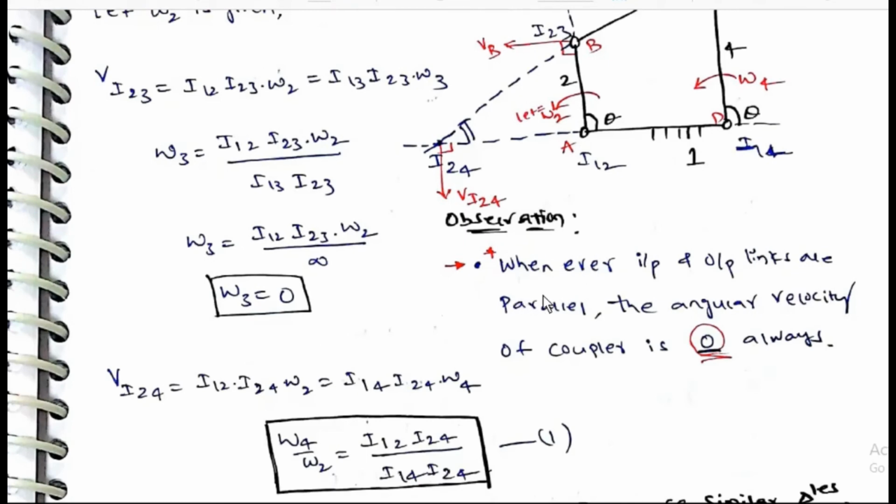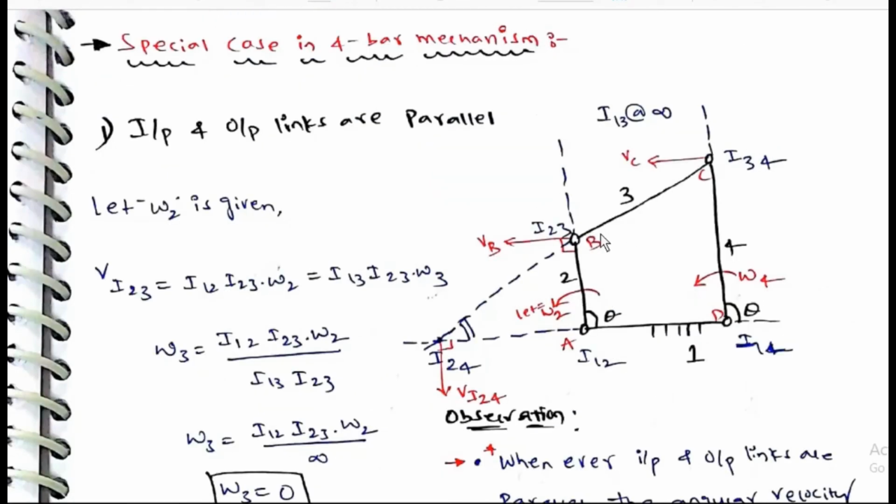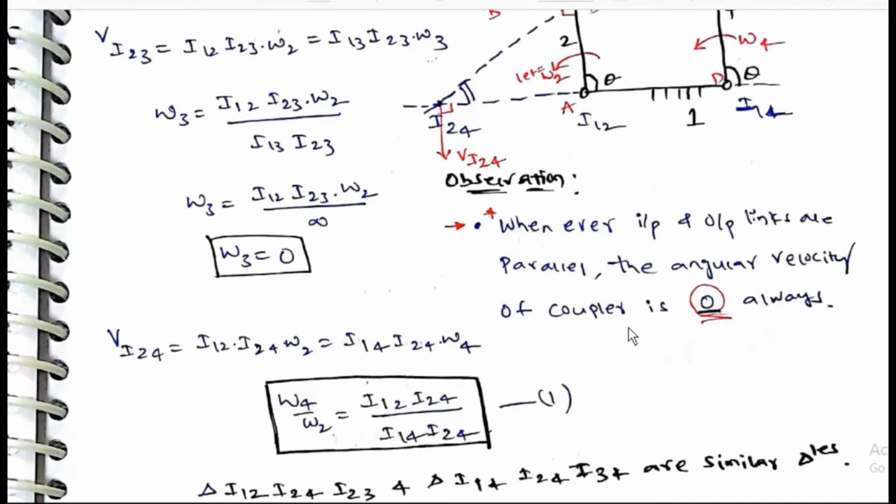Observation: when the input link and output link are parallel, the angular velocity of the coupler, meaning the connecting rod, is always 0. Now I24 gives I12 I24 omega 2 equal to I14 I24 omega 4, so omega 4 by omega 2 is equal to I12 I24 by I14 I24.